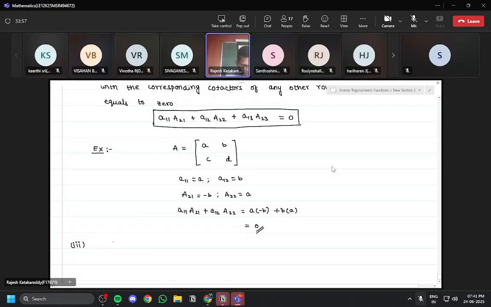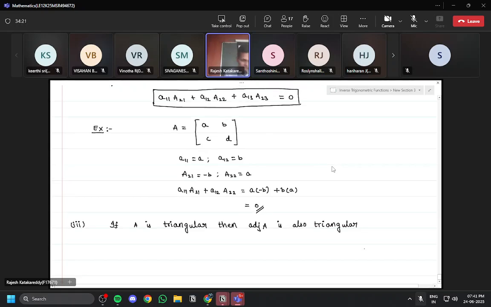In simple terms, if A is triangular, then adjoint of A is also triangular. Adjoint of a diagonal matrix is a diagonal matrix.